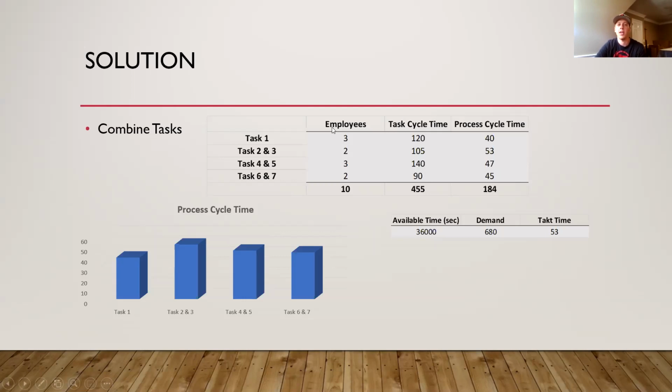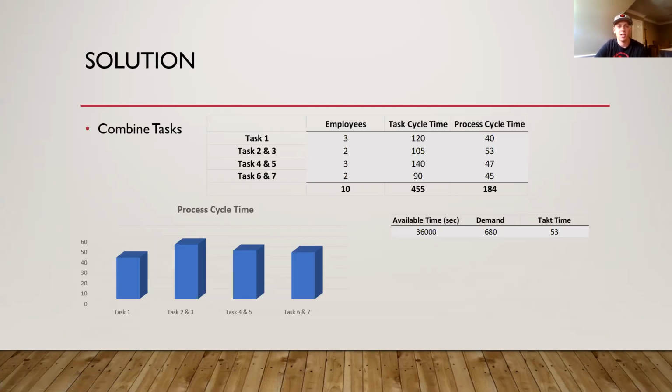That is, A, reducing our total headcount from 12 employees down to 10. And we were then still able to manage a process cycle time within each of those tasks less than our takt time of 60, right? The highest being 53 within task 2 and 3. So huge win.